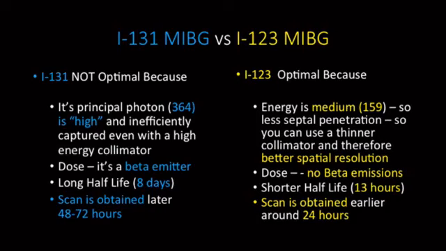You don't have to worry as much about septal penetration because it's medium energy as opposed to high energy. Therefore, you get better spatial resolution. The dose is not as big of an issue, so you can give more of it, which gives you more photons to image. It's a shorter half-life, therefore it's washing out of the system quicker, and you can obtain the scan earlier. So 123 is the way to go, but you can use 131.